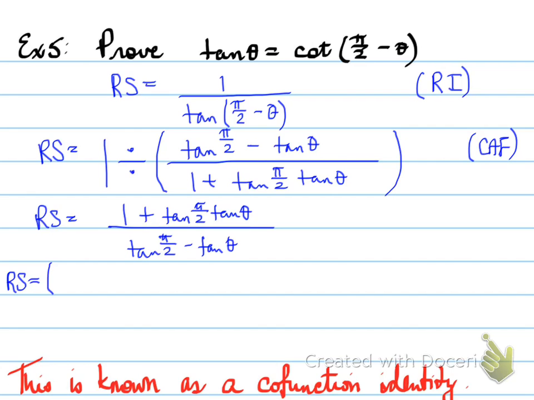Now when I use the tan expression, tan pi over 2 is undefined. So these now are undefined, folks. So this is where it leads us into trouble. What do you do when you have undefined? Well, it's tan, folks. So what can you convert tan to be?